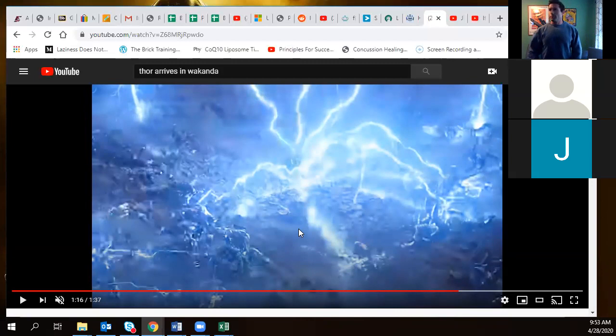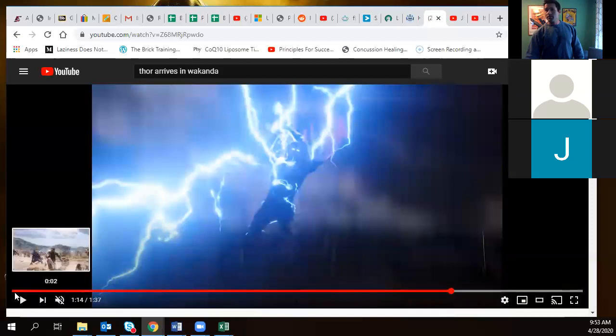Okay, so let's split the difference and say it was about 25 feet, which is about 8 meters. So if each of those guys got blown back 8 meters, they fly that distance in less than a second.